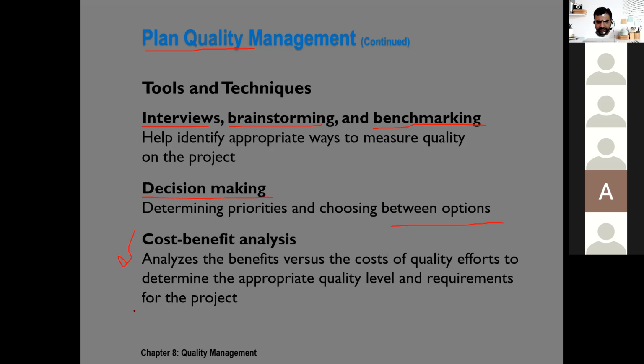Similarly, we can conduct cost benefit analysis, which looks at cost versus quality: how much ROI we will get if we spend a particular amount of dollars on quality conformance, inspection, evaluation, or testing.